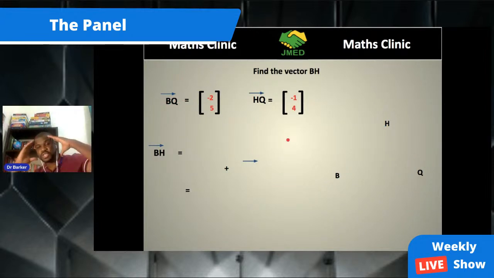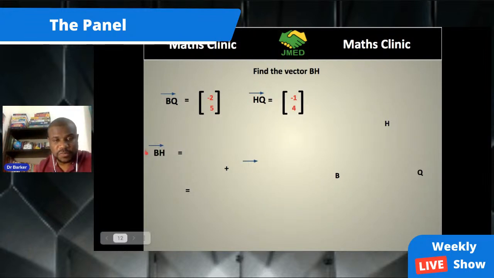This is a piece where the vector moves into the abstract space. We're trying to find BH. We look at the information and there's a Q involved, but that's not given in the question we're trying to answer. But that means Q is in the relationship. So B is somewhere, Q is somewhere, H is somewhere.